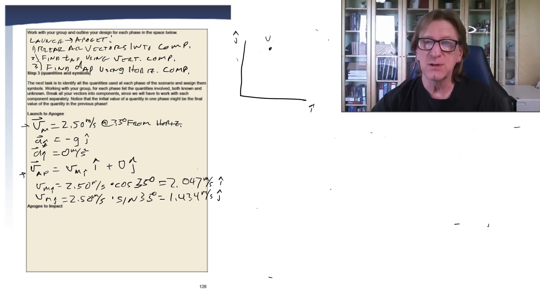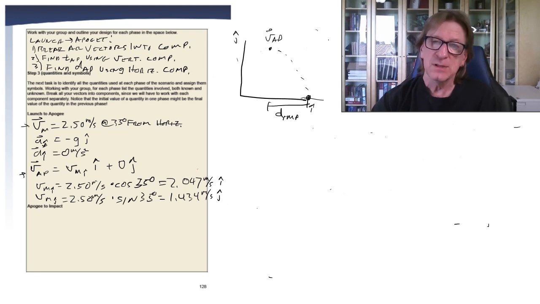So our initial here is going to be this vector v apogee. And now it's coming down here, and we're going to hit right here. And we don't know that velocity, do we? We don't have any initial conditions for that velocity. But what I'm looking for nonetheless is going to be this distance to impact. So that's the distance from apogee to impact, not the total distance here.